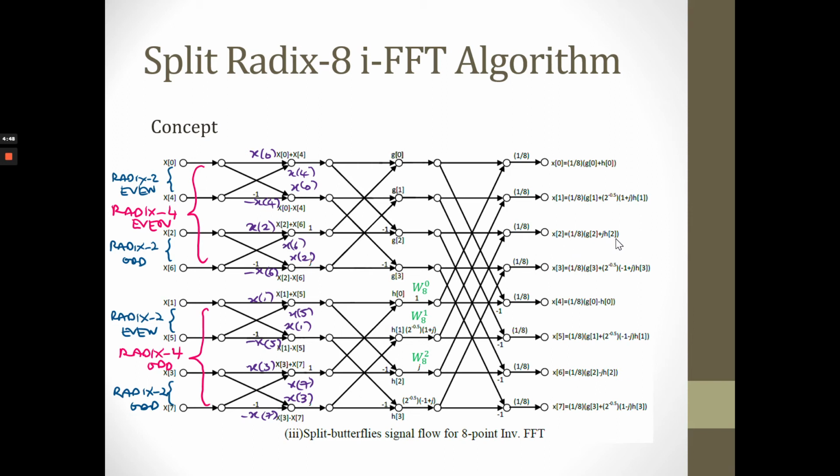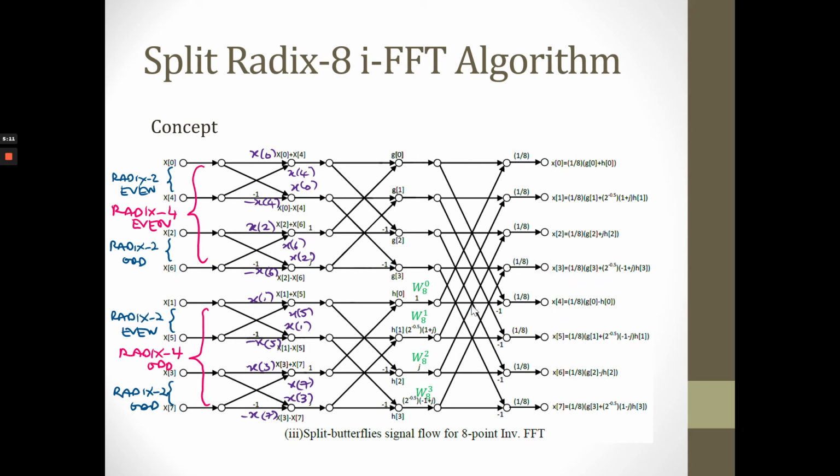So we have this equation for x2. The next one for x3, we have G3 plus W3 multiplied with H3, and then at this point multiplied with 1 over 8. So this is the function for x3.